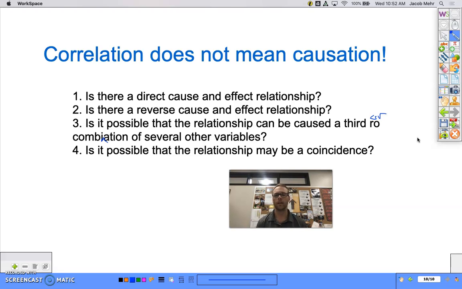I could probably find data where, let's say, as ice cream sales increase, the murders in the city increase. Okay, there could be a correlation between those two. It could be totally coincidental. But we'd be certainly careful not to say that increasing ice cream sales increases murders, right? That doesn't seem like that would make much sense. So we have to be really careful about the things that we're using correlation for.